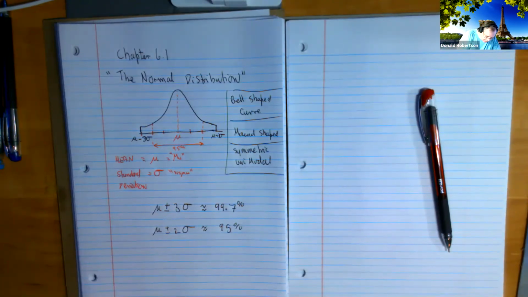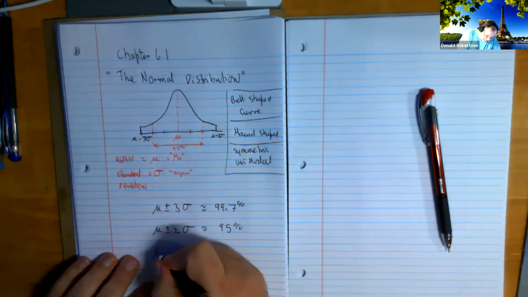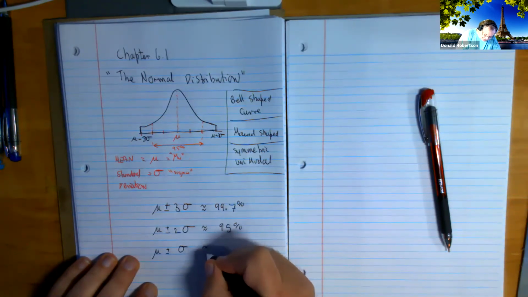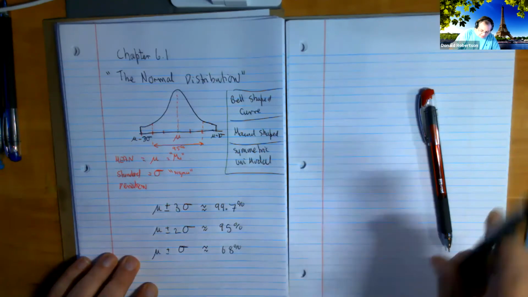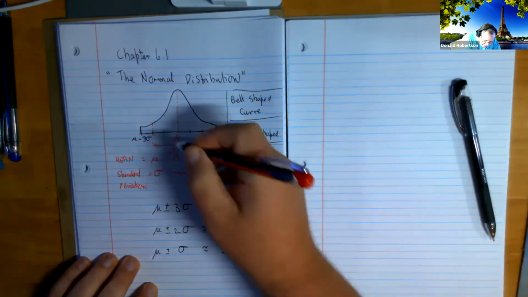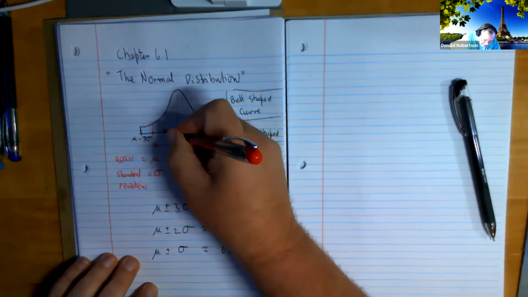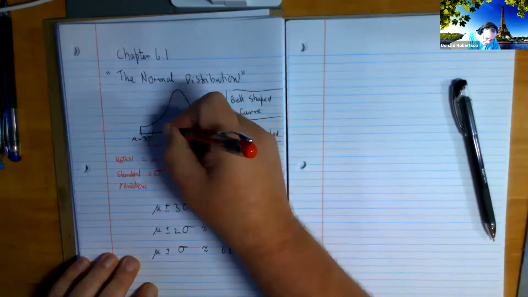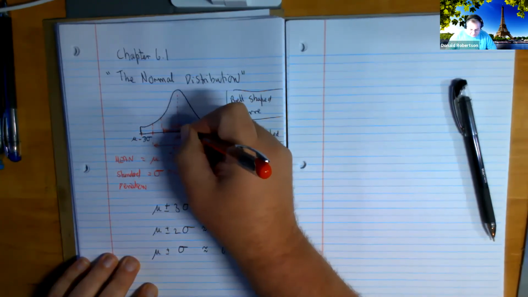And if you do the last one, only one standard deviation either side of the mean, then roughly 2/3 of the people, 68%.